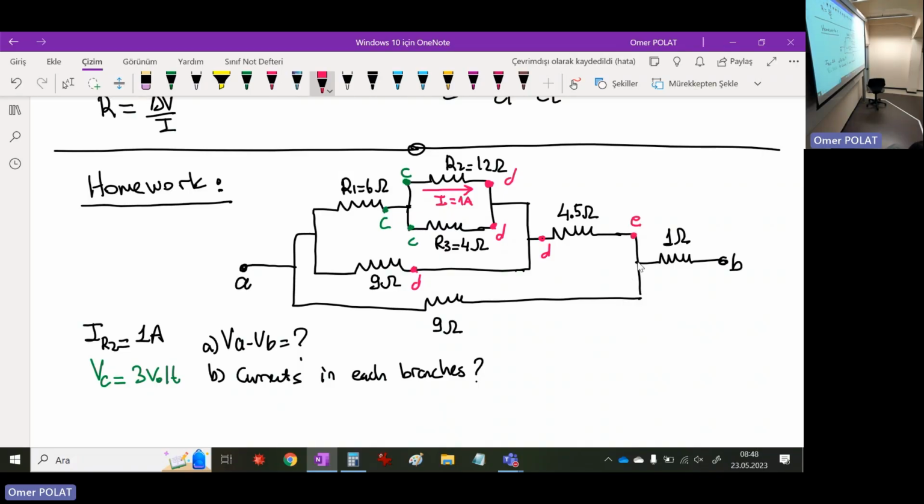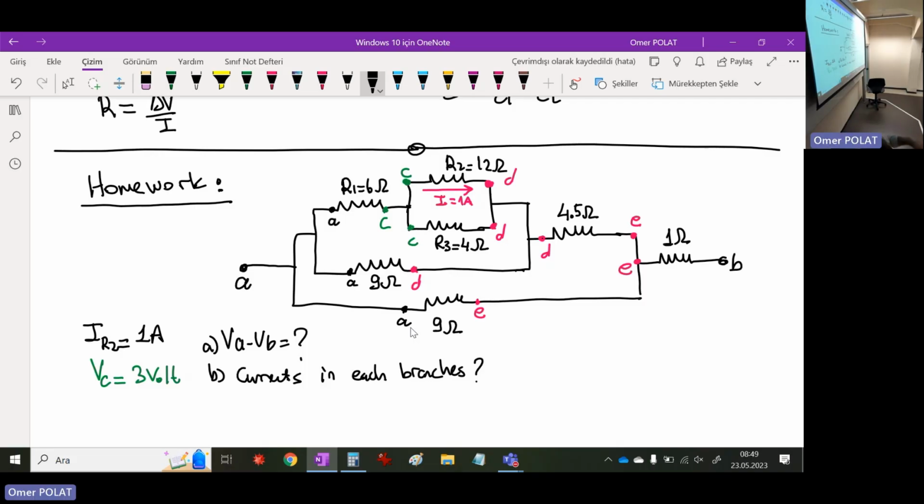Let's say this is E. So if I mark each point having different potential, it's easy to analyze the circuit. If this is A, this is the same A, because this is the free line. As you see, how many different potentials? A is a potential, B is another potential, C, D, E, 5 different potentials. I can read 5 different potentials in my circuit.